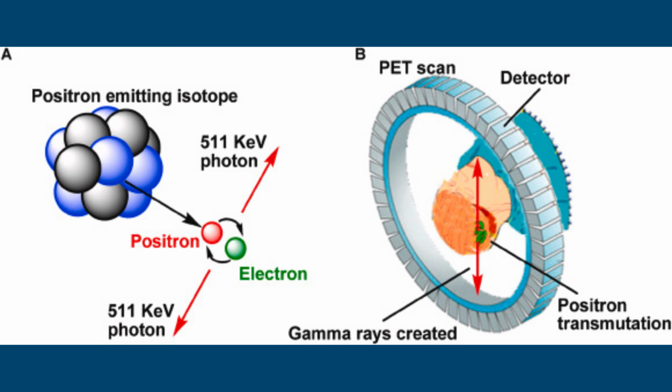This capability is made possible through the use of radiopharmaceuticals composed of a positron-emitting radionuclide chemically integrated into a biologically active molecule. The design and synthesis of such radiotracers require careful consideration of both nuclear and chemical properties to ensure compatibility with biological systems and imaging timelines.